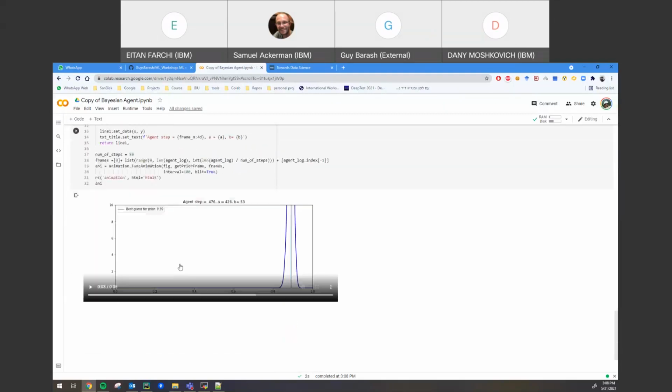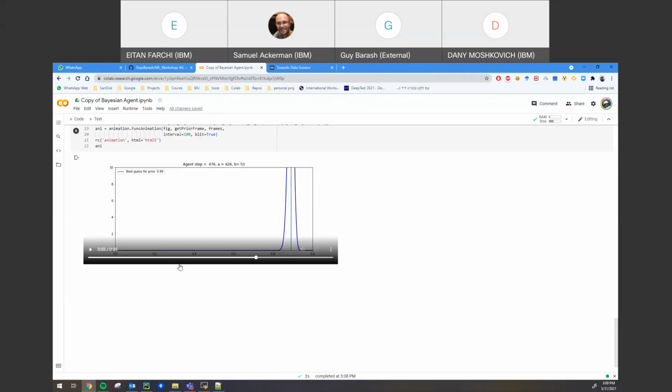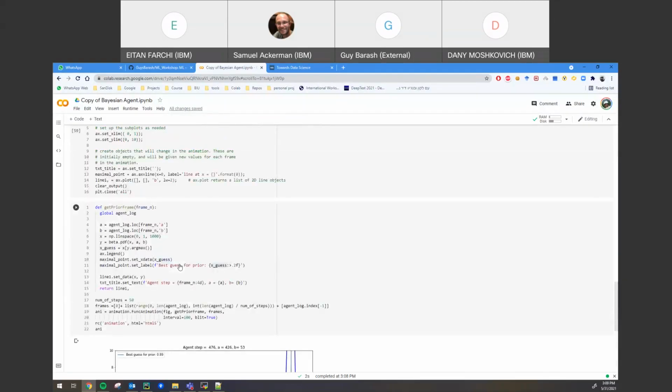And that's it. This Colab notebook is also available in Eitan's blog, and you're free to try it and draw your conclusions. That's it. Thank you.